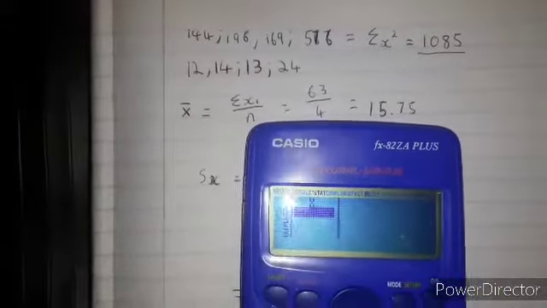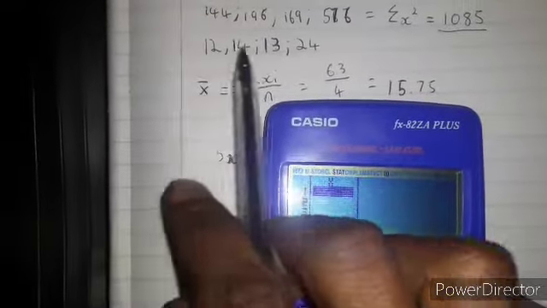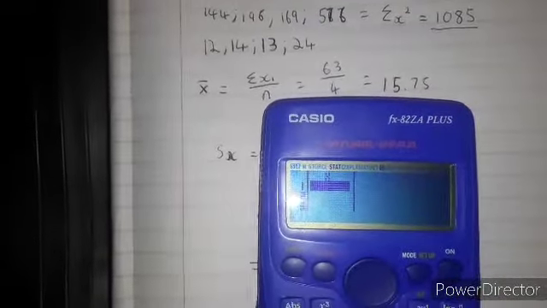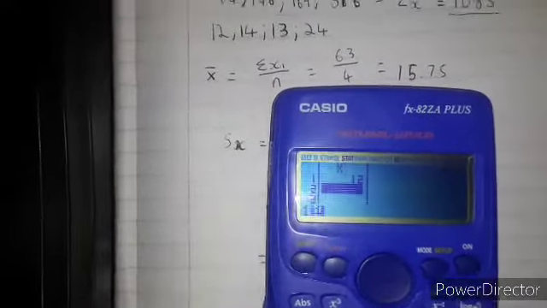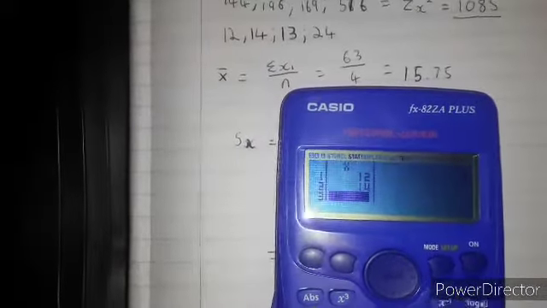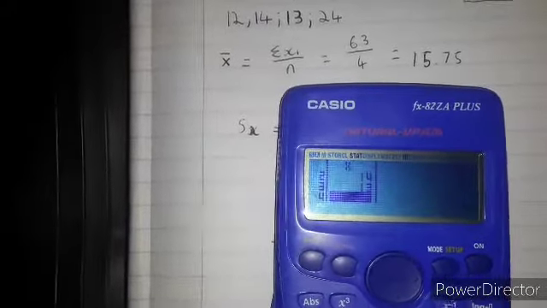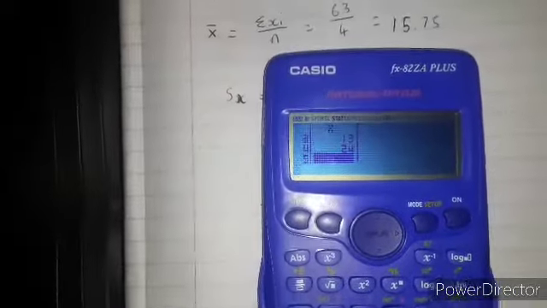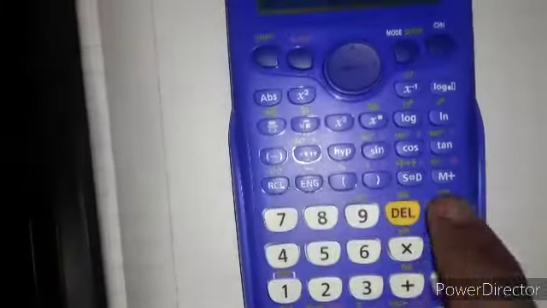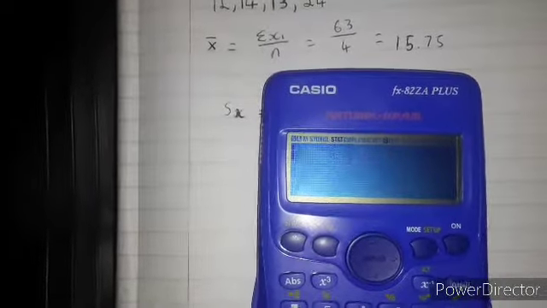So we're going to punch the original data. 12 equal, 14, then press equal, 13, then press equal, 24, then press equal, and then press AC after you have done. Then it will be blank.